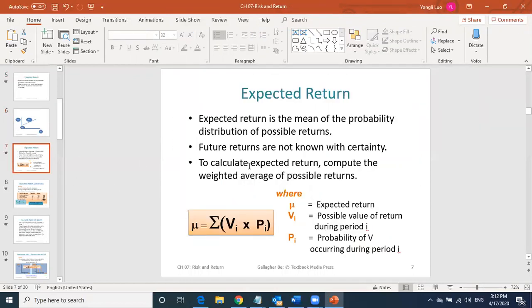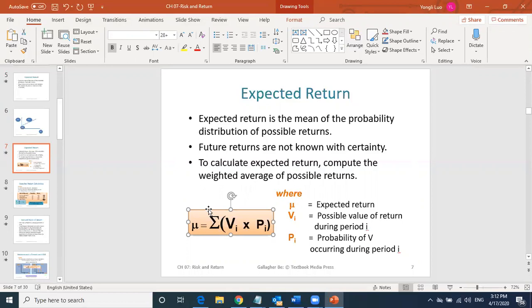So when you calculate the expected return, you compute the weighted average of the possible returns. The expected return is going to be your possible value of return during this period of time times the probability of the value occurring during that time period.